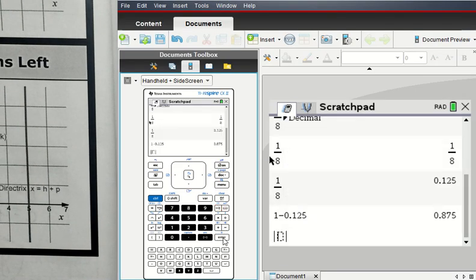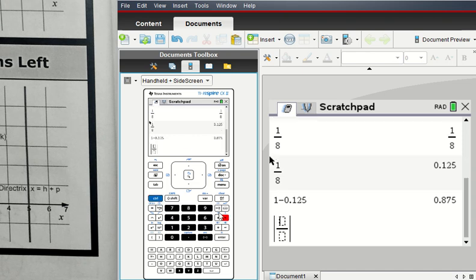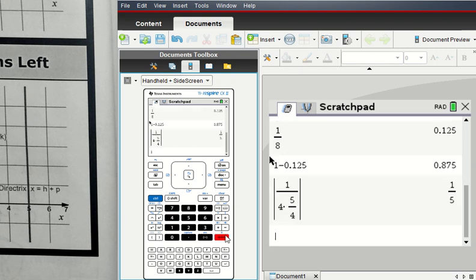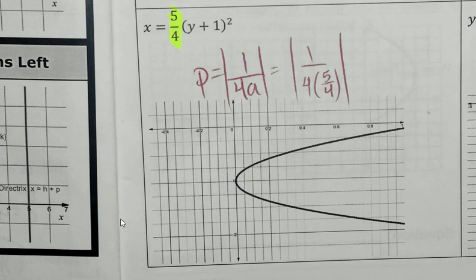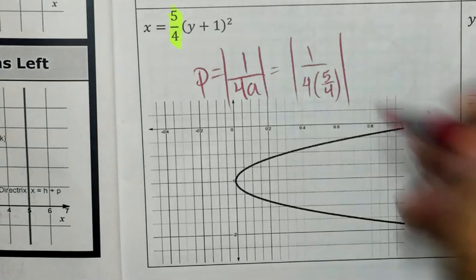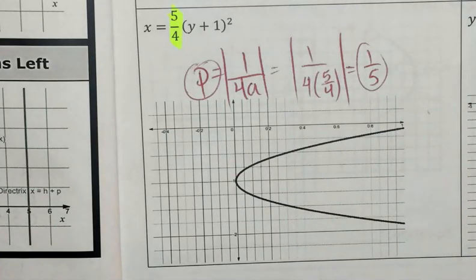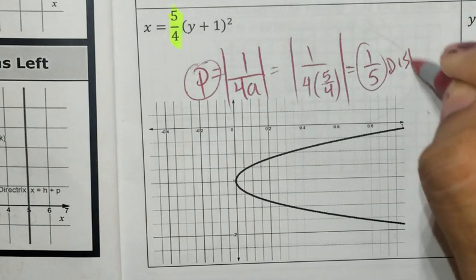Absolute value, control divide, 1 over 4, parentheses, control divide, 5/4. And then it's 1/5. So 1/5 is the p-value. And again, that's the distance.